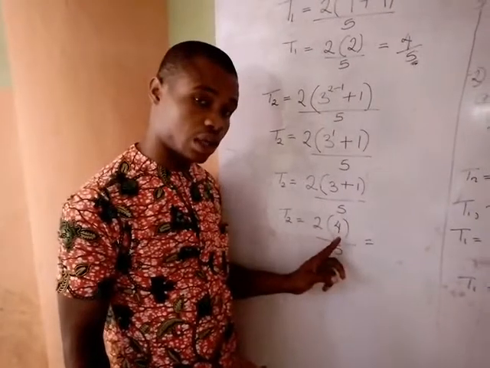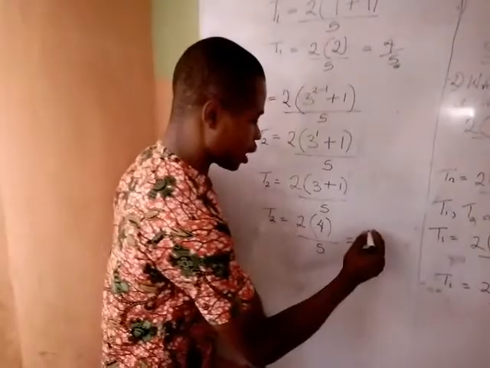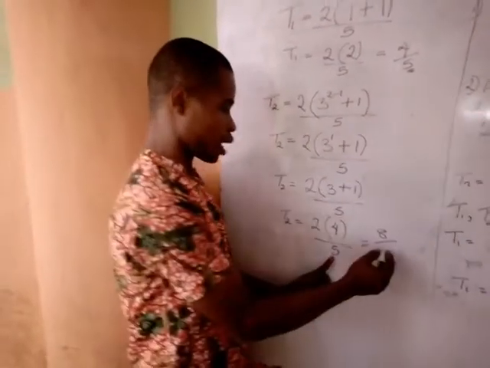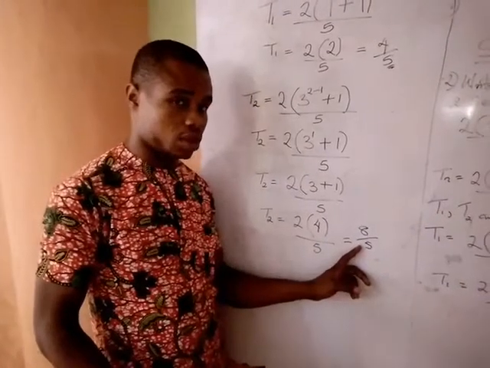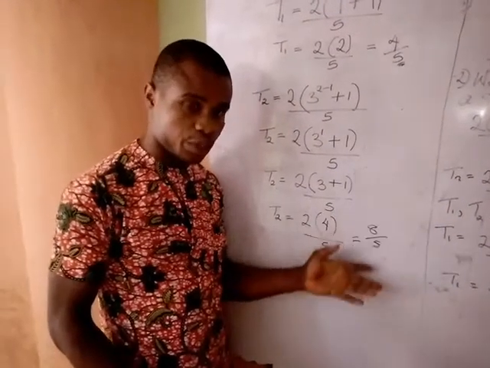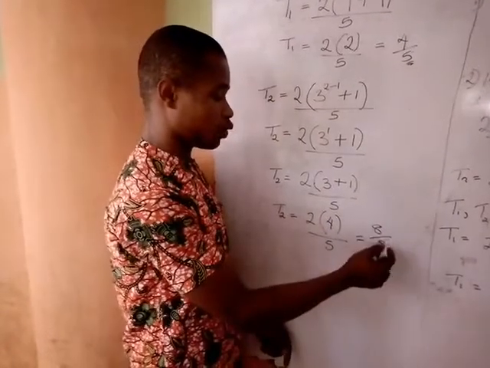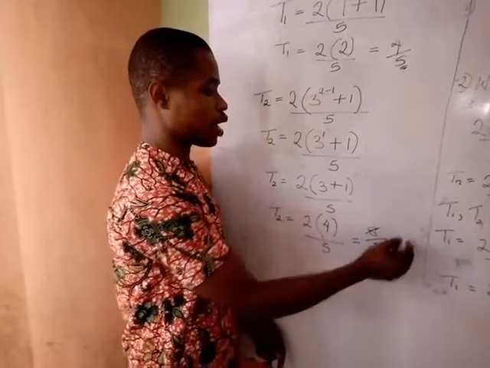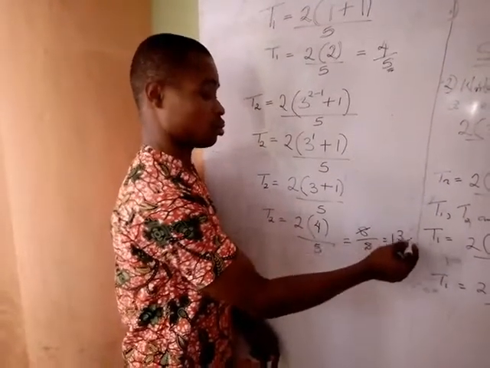Remember what I said initially, that bracket simply means times. So 2 times 4 will give you 8 all over 5. So the fraction we have here is improper fraction. You have to change it to mixed fraction. You divide. 8 divided by 5, there is 1, remainder 3, all over 5.